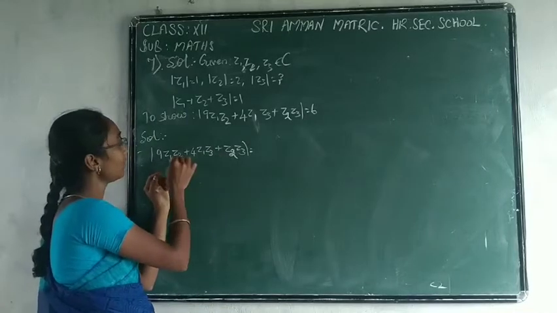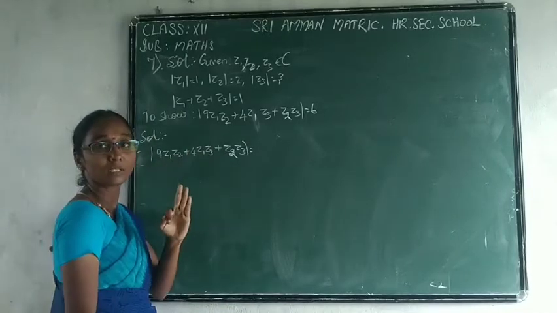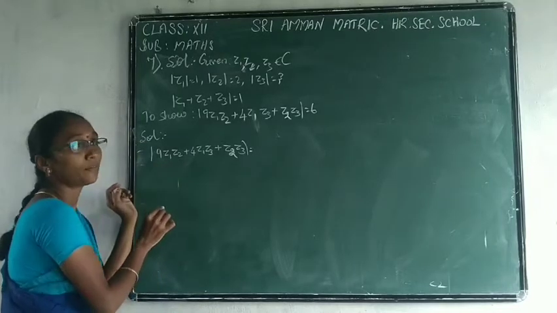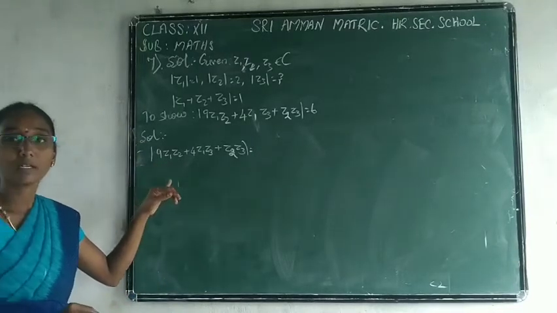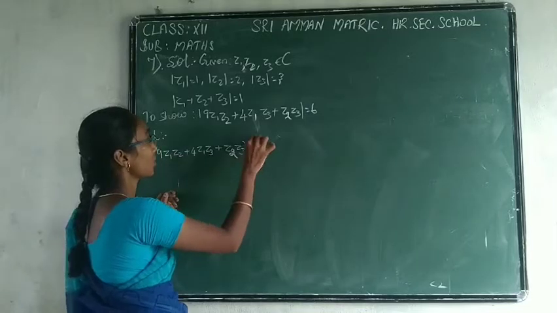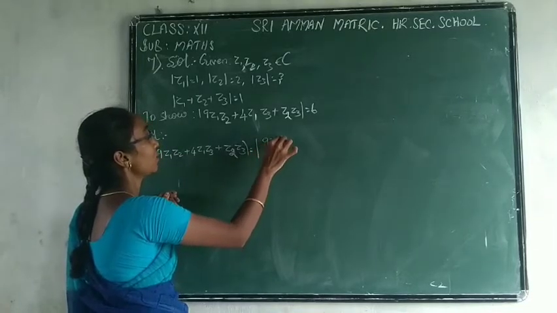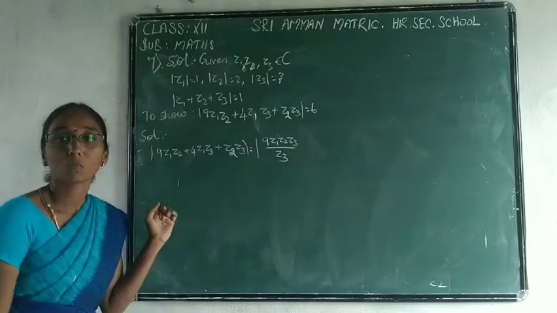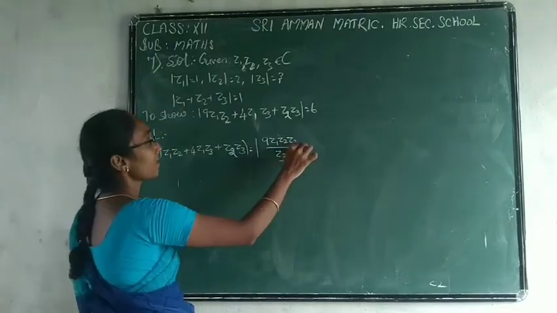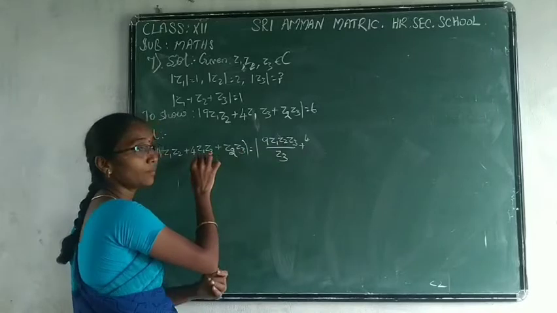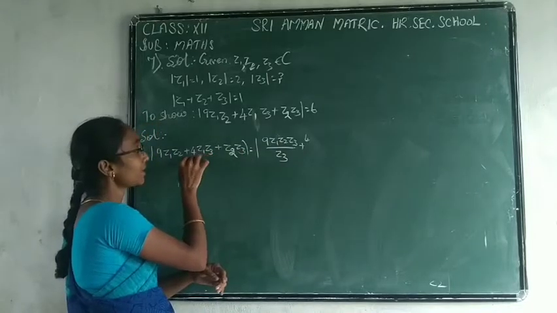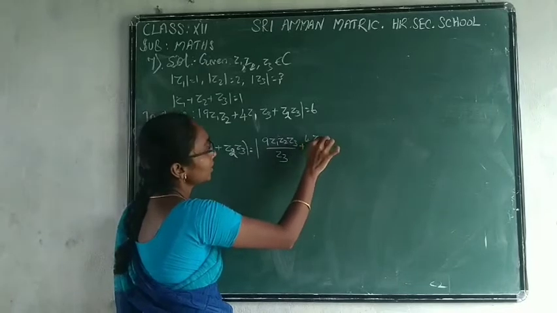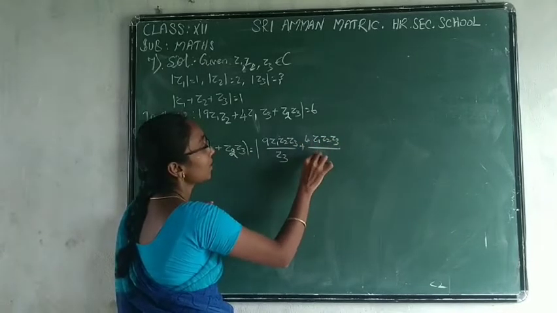In each term, we see which of the complex numbers is missing. In the first term there is no z3, so I multiply and divide by z3. So modulus of 9 z1 z2 z3 divided by z3, and then plus 4 z1 z3, in which there is no z2, so 4 z1 z2 z3 divided by z2.